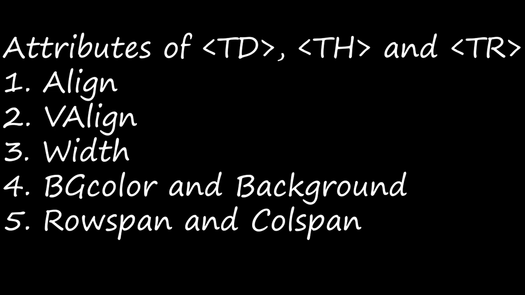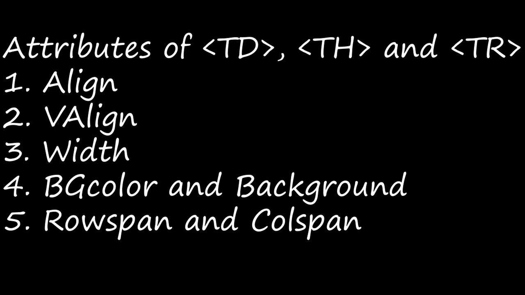Right? Align, first one they have given is align, where you can give either right or center. So the content will be aligned to right or center, right? And then the next one, vertical align, means it is vertically aligning the contents, right? As a default, it will be in the bottom. If you want it in the top or middle, you can just change this using V align, right?